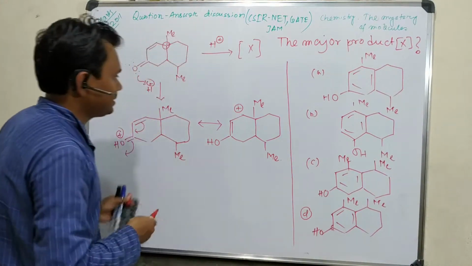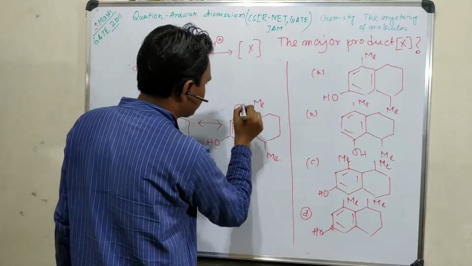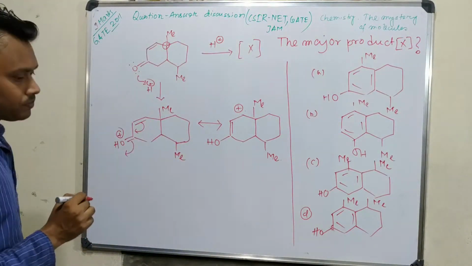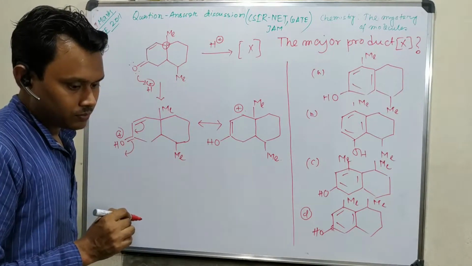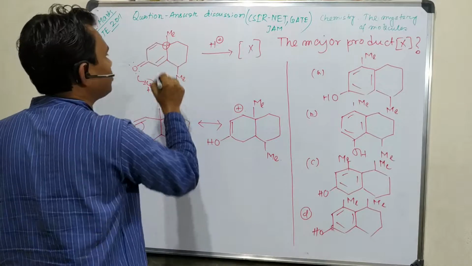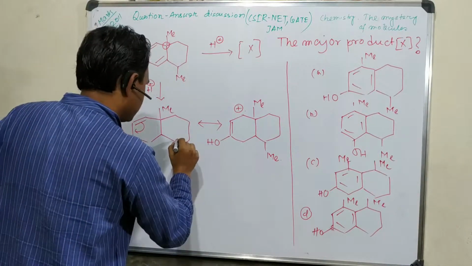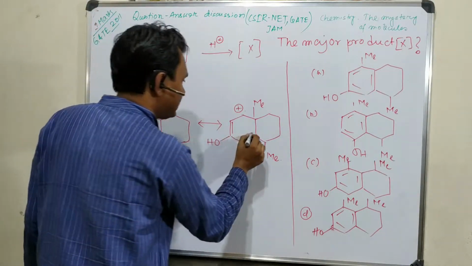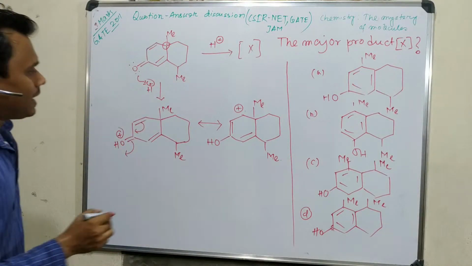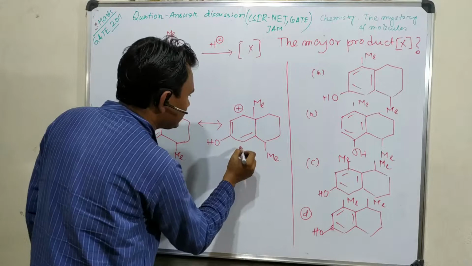Now you see one positive charge is here. Sorry, I made a mistake in the drawing. One double bond must be here, so here and here, one double bond should be here.